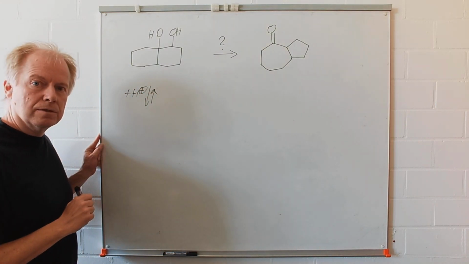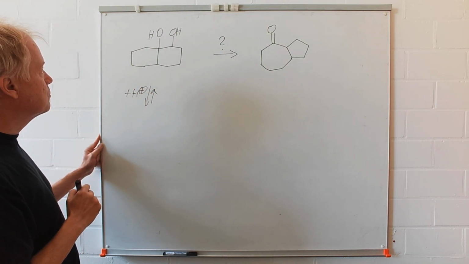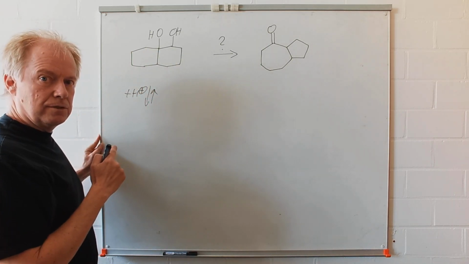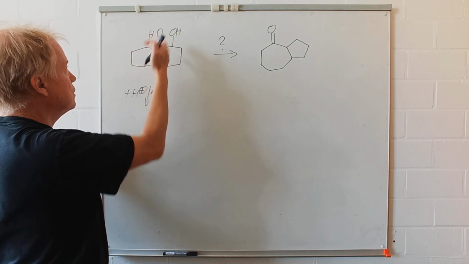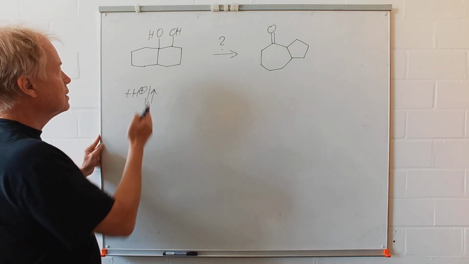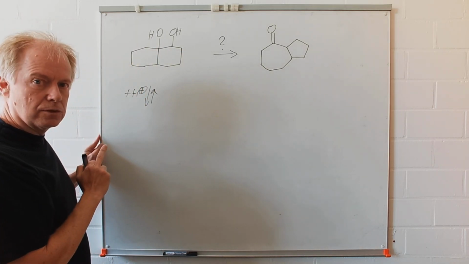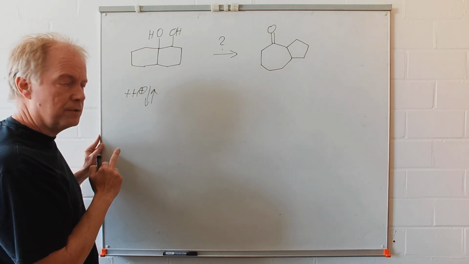We add an acid, we protonate to activate the leaving ability of an OH group, and in this case always the tertiary alcohol will be the better leaving group.